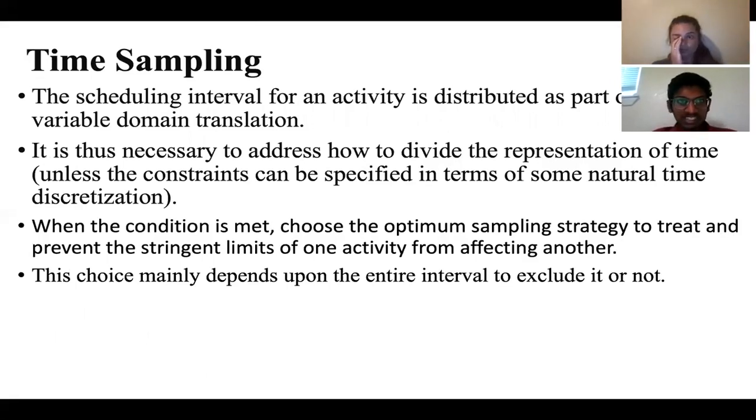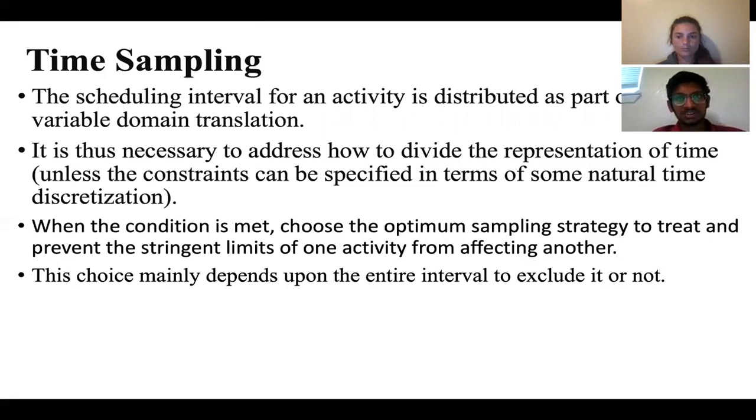So time sampling is nothing but the scheduling interval for an activity that is distributed as part of CSP variable domain translation. As part of translation into a CSP network, in every activity, scheduling is a sequence of processes. As a result, how we express intervals is really crucial, so that these sampling periods should be shorter than the scheduling constraints' real duration.